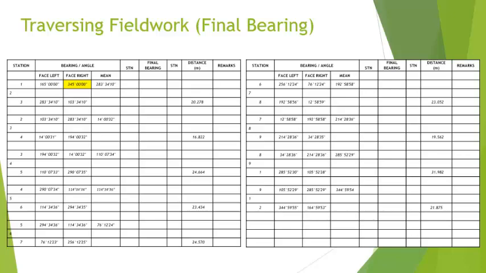The maximum correction is 6 seconds. Next is to divide this 6 seconds by the total number of survey stations. Here, the traverse consists of 9 survey stations. Therefore, 6 seconds divided by 9 stations results in 0 degrees, 0 minutes, 0.67 seconds.